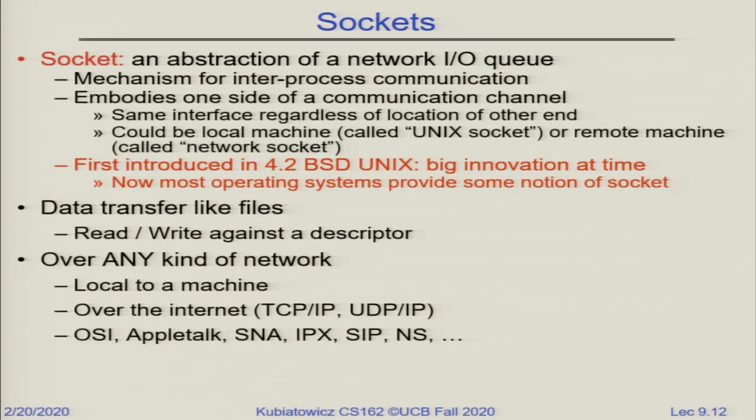So it could be two endpoints that are on the same machine. That's typically called a Unix socket. It could be over the internet, TCP/IP, UDP/IP. And then there's many other types of networks. Okay, OSI, AppleTalk, SNA, IPX, SIP, NS, many other options. Sockets can connect over those. Now, in this class, you're pretty much going to be using TCP/IP or UDP/IP, okay? But just so you know, sockets are really intended for this more general idea.